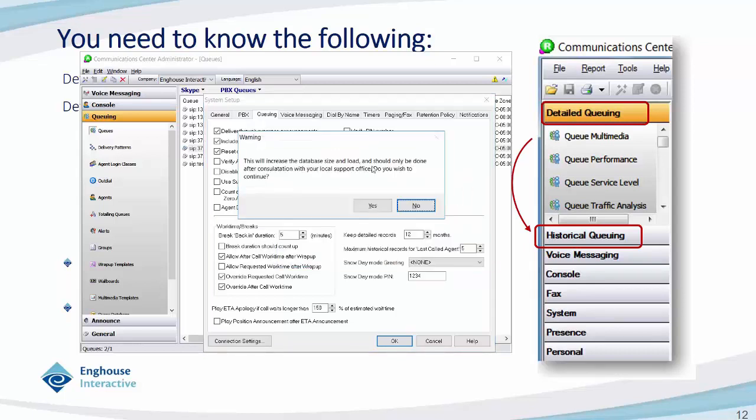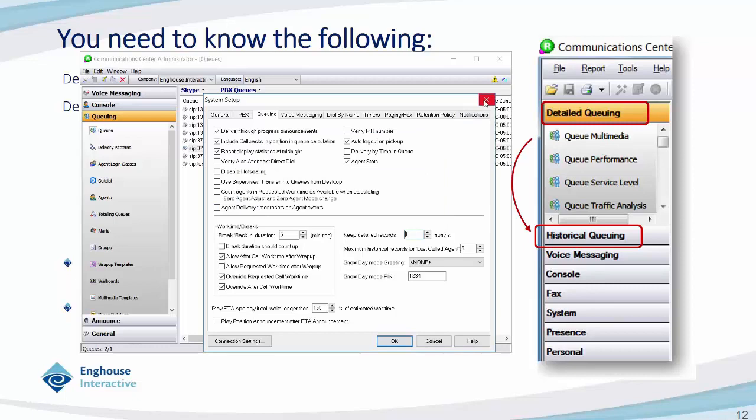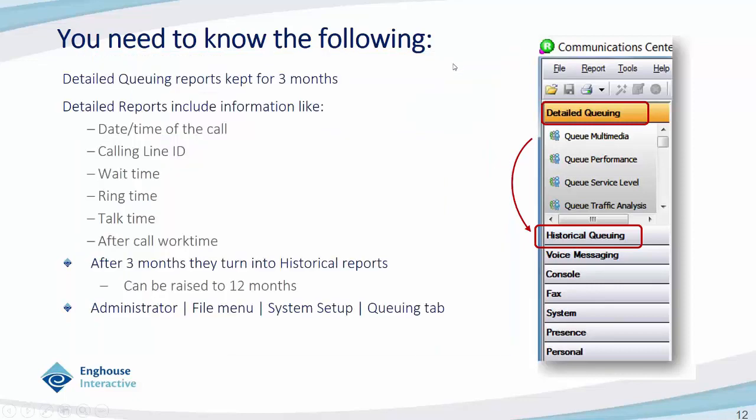It does warn me this is going to increase the database size, so be careful when you're doing that. For now on our system, I'm not going to do that, but I just wanted to point out that it is something you can go in and do, and it is quite helpful if you're looking to save information back to a year.